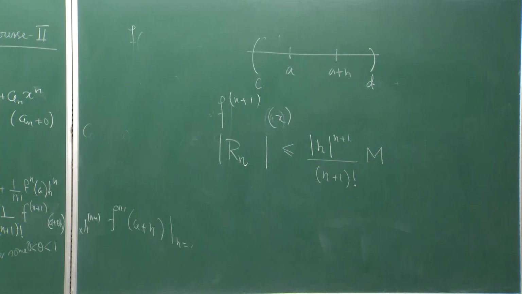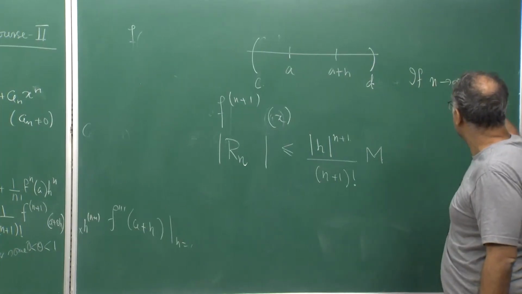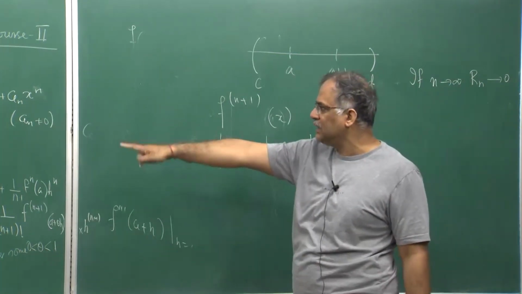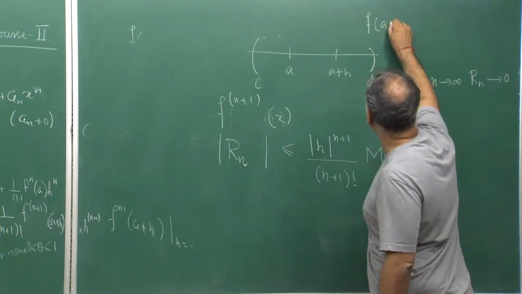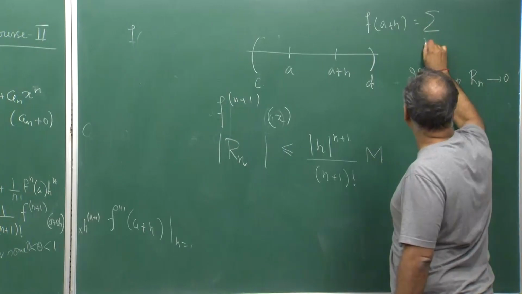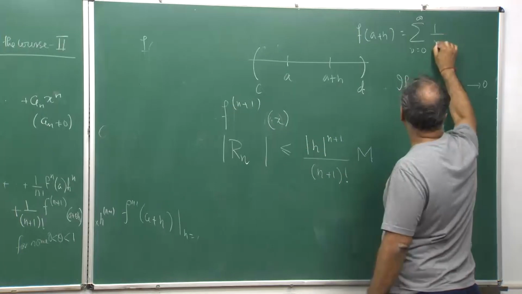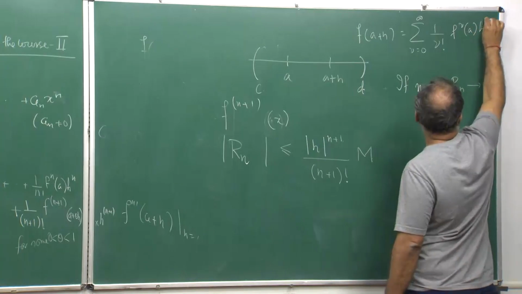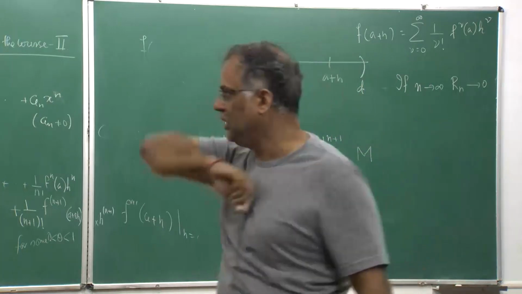There are several cases where we can show that as n tends to infinity, R_n goes to 0. Then what we get is that f(x) can be expressed as a Taylor's power series, that is f(a + h) is the summation nu equal to 0 to infinity of 1 by nu factorial f^(nu)(a) h^nu.